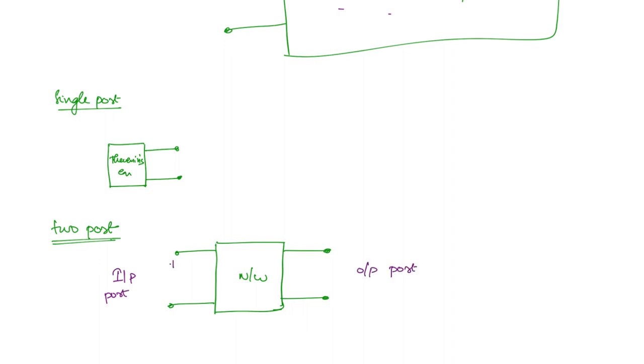Now the voltages at input port we can take as V1, at output port we can take as V2. What about the currents? The currents we take them to be entering on either side. So in the input port also current is entering, and in the output port also current is entering into the network. So this current direction is very important here.